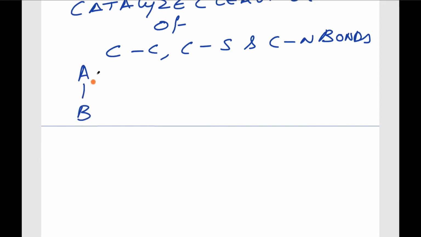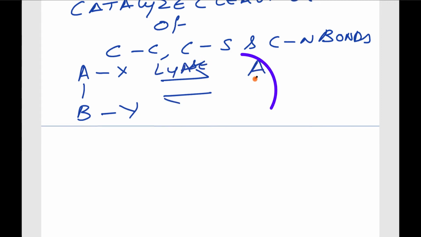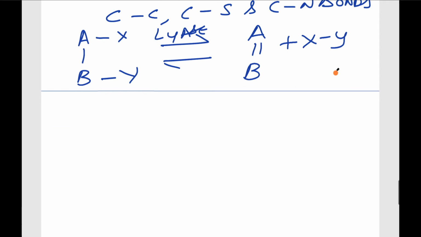There are two groups involved. By the action of the enzyme, you can see it leaves behind a double bond. Take a well-known example, pyruvate, pyruvic acid, the end product of glycolysis.